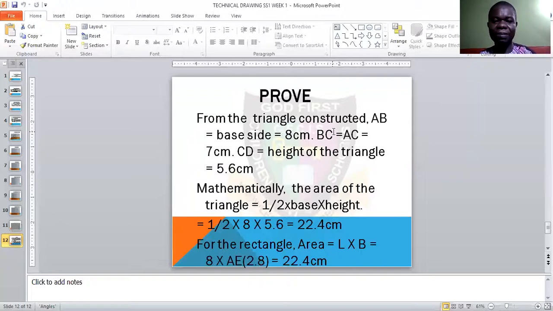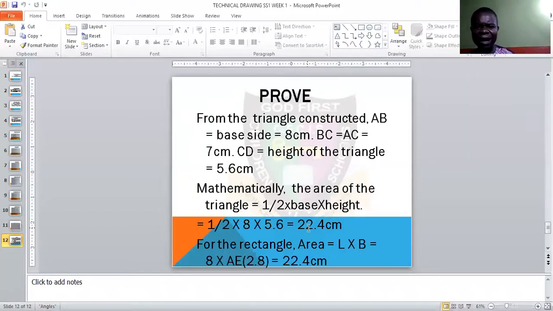You know that. They are 7 centimeters. CD is the height. That is 5.6, like I told you, is what I measured there. Mathematically, you have half of base times height. That is 1/2 times 8 times 5.6. That gives you 22.4 square centimeters. That is the area of the triangle.